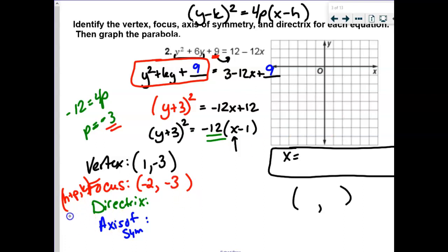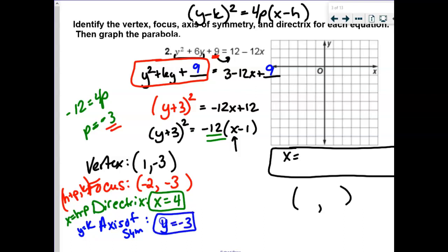The Directrix for this kind of a parabola is that x equals h minus p. So x equals, I lost h, here we go. H is 1 minus -3 would be x equals 4. The axis of symmetry for this kind of parabola is at y equals k. So for us, that would be y equals -3.